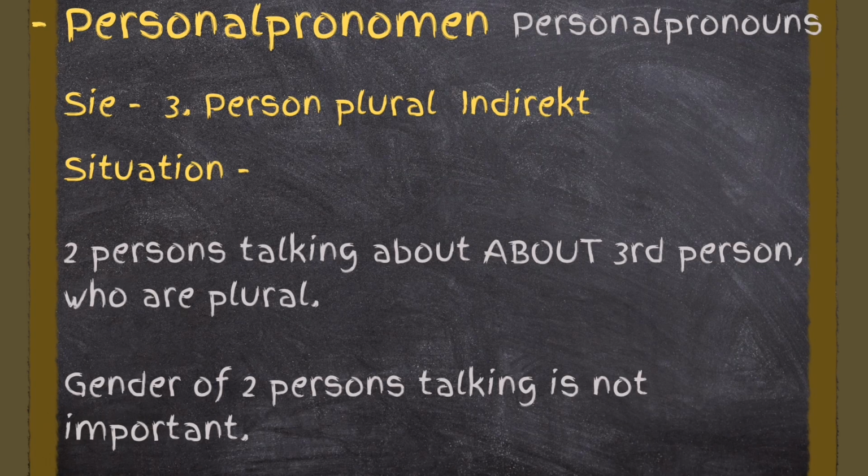So when two persons are talking about third person who are plural, then this third person will be referred to as small z. Once again, here the gender is not important. The gender of the persons talking is not important.